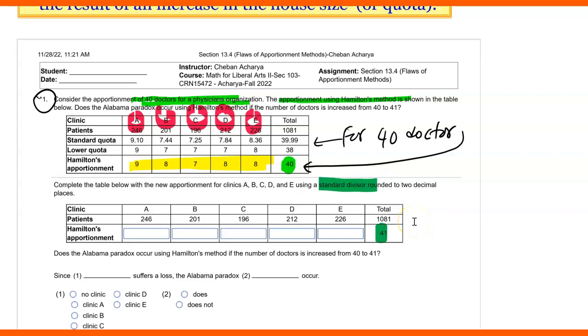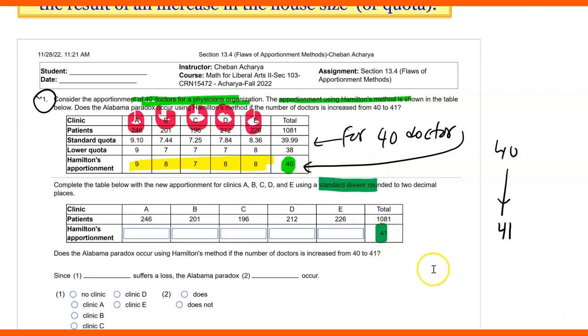Remember that the number of doctors increased from 40 to 41. The first table is for 40 doctors, so let's do the new apportionment using Hamilton for 41 doctors.